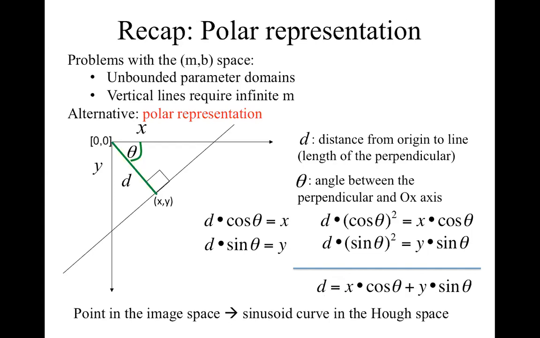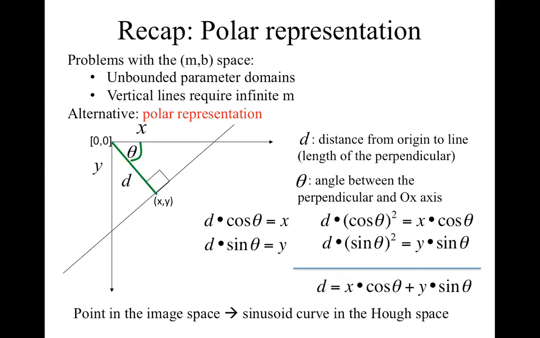If you had the other parameterization, this curve would have been a line. So here you would have obtained minus b equals x times m plus y. I think this was the relationship, or something like that.